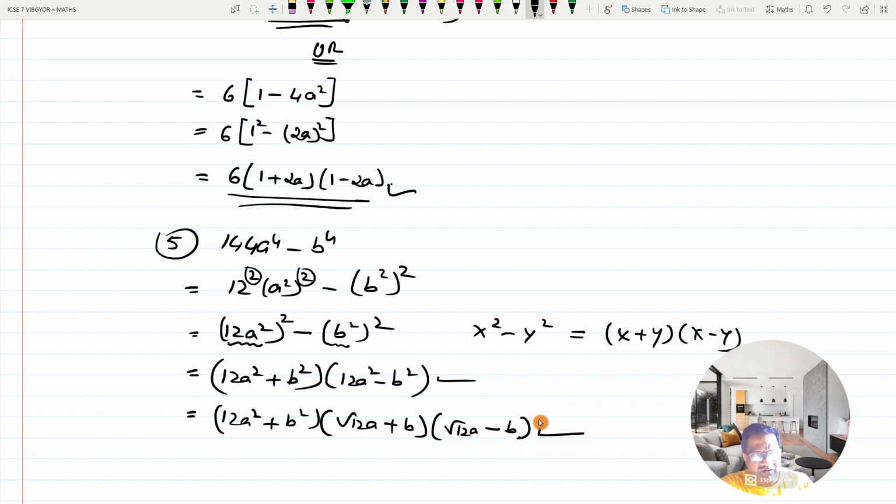So that was all about this factorization chapter for the 7th grade. And I don't think I have much to do in this factorization, because for 7th grade, it is enough if you understand this much, that is, up to the grouping method and the difference of squares method.